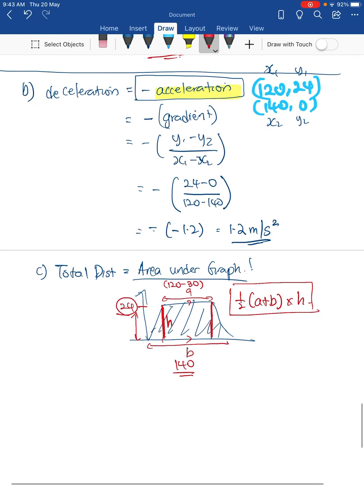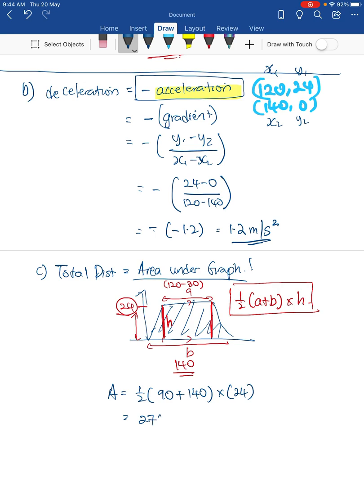So we have everything we need. All we need to do is sub in: area equals half times (A plus B), which is 90 plus 140, times the height, which is 24. So 90 plus 140, times 0.5, times height 24, equals 2760 meters.